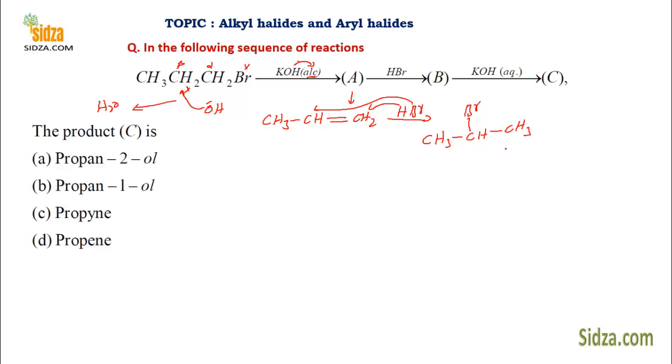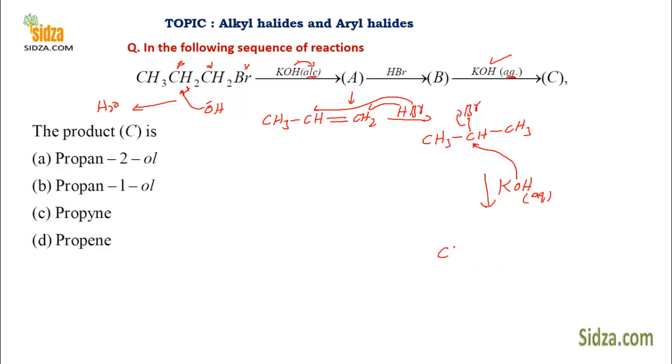So 2-bromopropane. And now again, if you react with potassium hydroxide but in aqueous medium, now look at this one. Potassium hydroxide, as I said, in alcoholic medium is a strong base, while potassium hydroxide in aqueous medium acts as a strong nucleophile. That means it will attack on this particular carbon and remove the bromine from the alkyl halide.